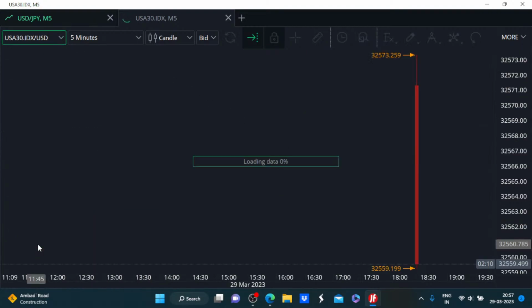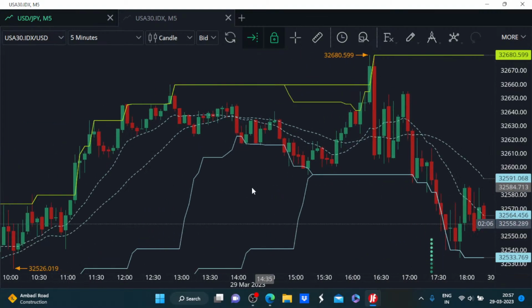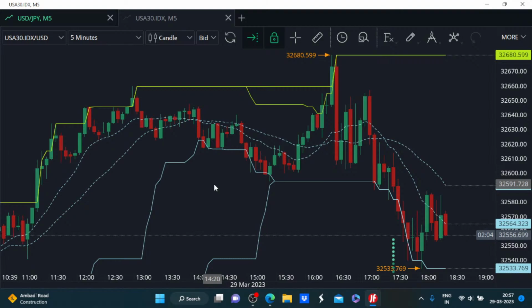And the Dow Jones Industrial Average has gone on to make a fresh swing low. So the clarity is now emerging that Nasdaq is the least bearish instrument of all these three equity indices for the United States, whereas the Dow Jones Industrial Average is the most bearish one of all these three.